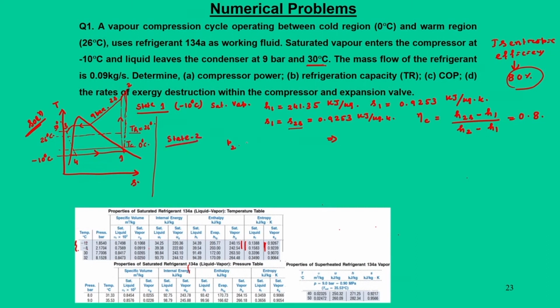at P 2 9 bar, S 2 S 0.9253. This will give you H 2 S as in this value.